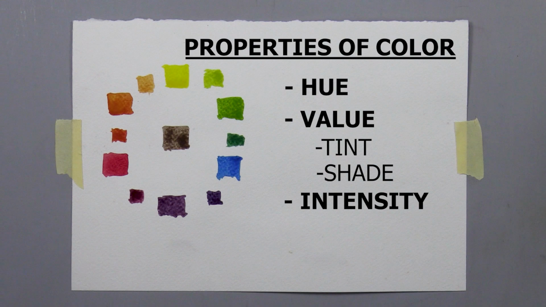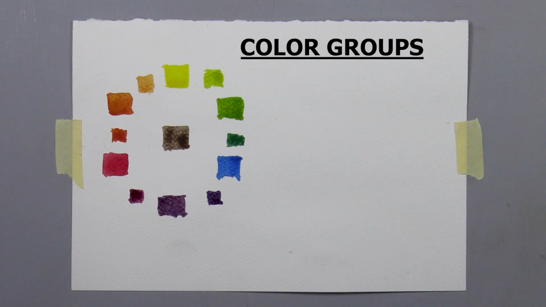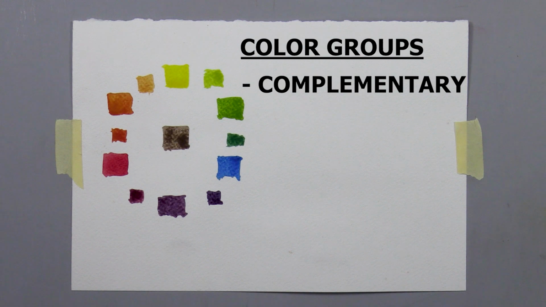Speaking of complementary colors, now we're going to talk about color groups. There are several different groupings of colors that artists find important. Complementary colors are one of them. Complementary colors are opposite colors on the color wheel. The most common pairs of these are red and green, blue and orange, and yellow and violet.